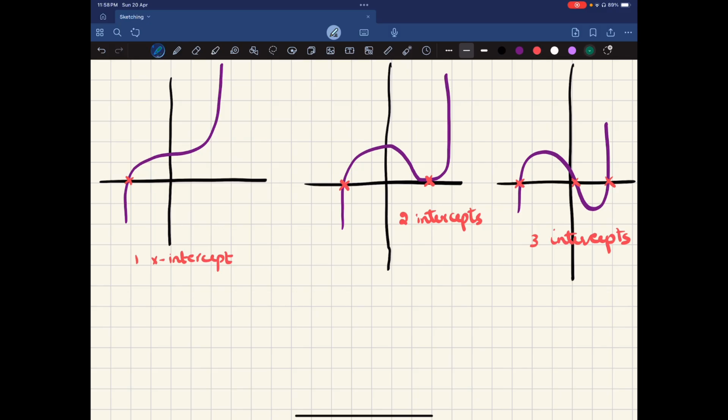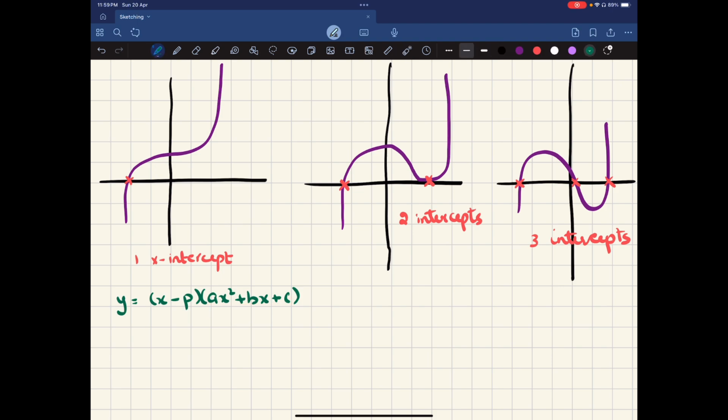Now I'm going to write down the general form of the equation of the cubic graph for each case. When we just have one intercept, it is going to be in this form. So one root, one intercept, and this is a general quadratic expression.